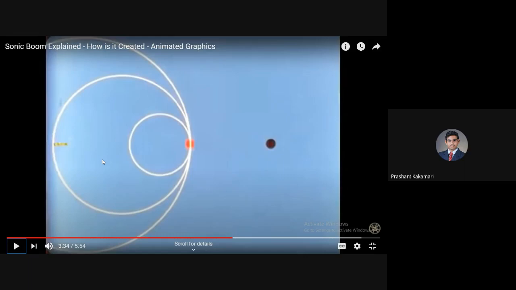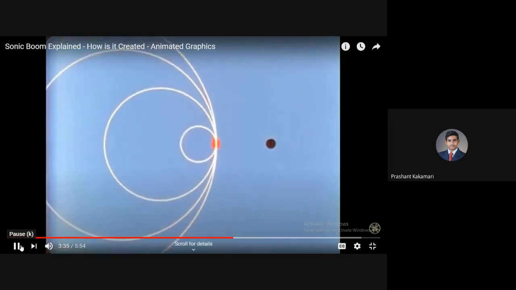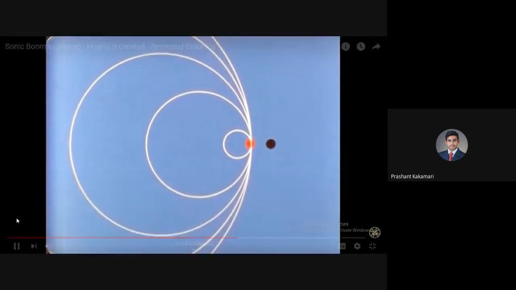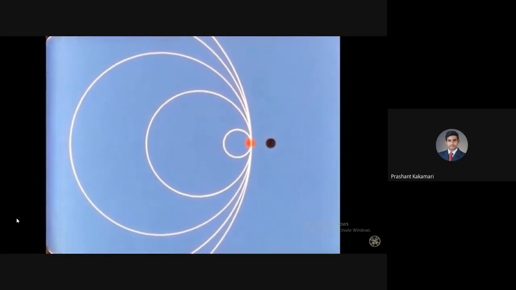Whatever waves are generated, the points are generated behind the object, and these sounds will be observed after some distance. The compressed waves accumulate. They will all reach the observer at the same time. He hears a loud boom.